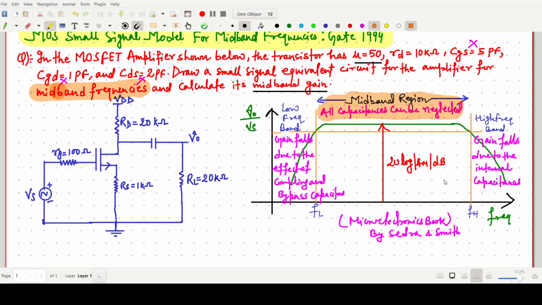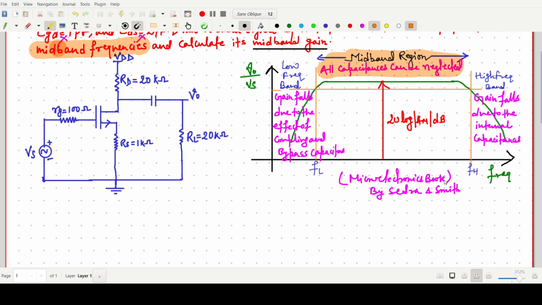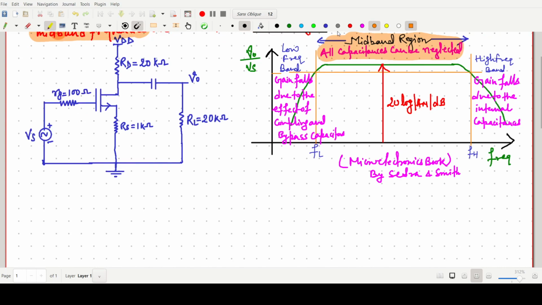How it's simple, I will show you. Before that, one more thing: I want to redraw the small signal equivalent of this transistor, with drain, gate, and source.